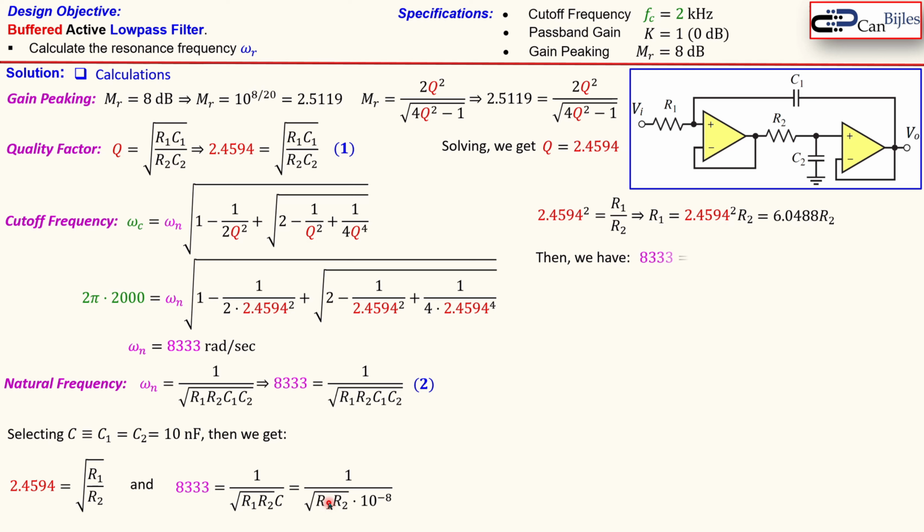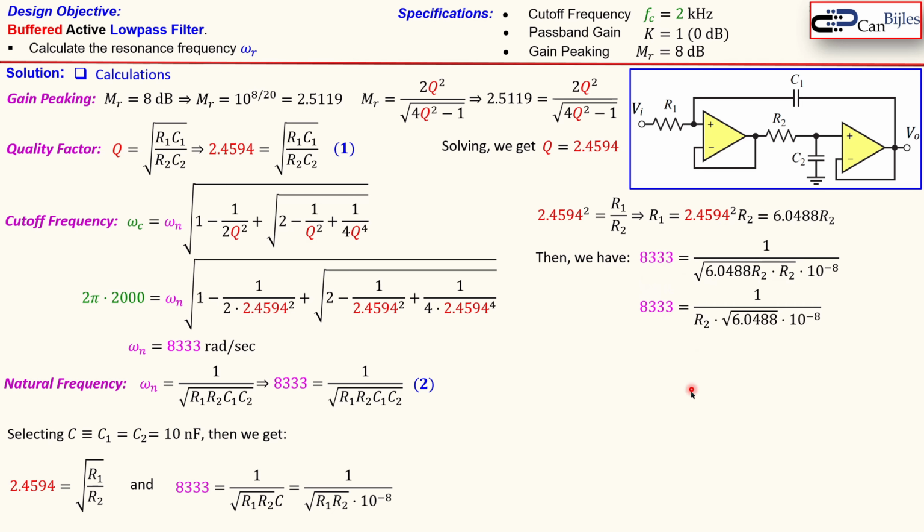Now we can use this expression for R1 in terms of R2 in this expression for the omega n. So we will do that. So this is 8333 is equal to 1 over the square root of, this is R1, this part, and this is R2 again. So we have now actually one unknown, which is just R2, and times again this 10 to the power minus 8. Now we can take this R2 out of this square root because that is just R2 squared. So that's actually this.